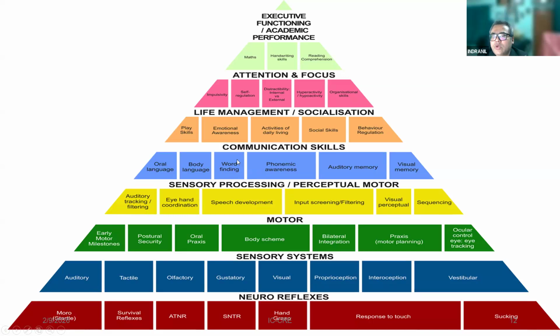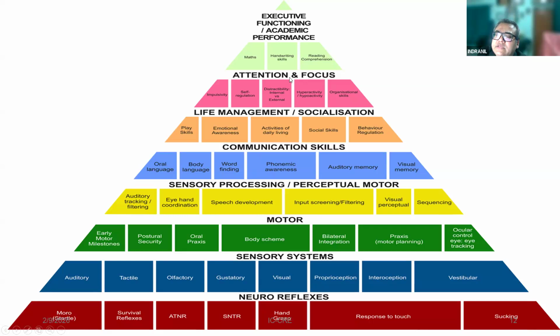Then we come to another hierarchical level of improvement, that is communication skills development, oral language development, body language development, word finding development, phonemic awareness, auditory memory, and visual memory. Then it comes to life management and socialization, another higher skill with reference to environmental interactions. So play skills, emotional awareness, then activities of daily living, social skills, and behavioral regulations.